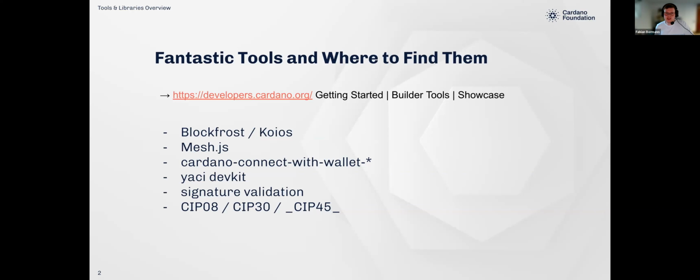And then I want to showcase the Cardano Connect with Wallet. I called it Star because it was the Cardano Connect with Wallet button a few months ago, but it iterated to a library that also offers a core library and a pure JavaScript library for those of you that don't use React in your front end stack.